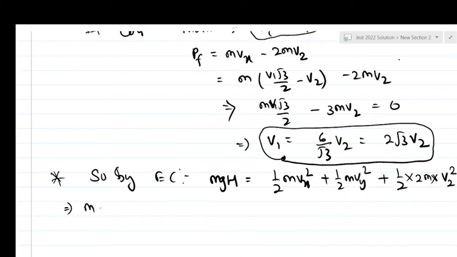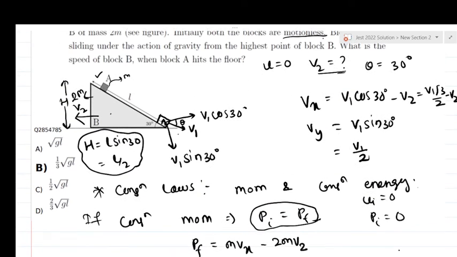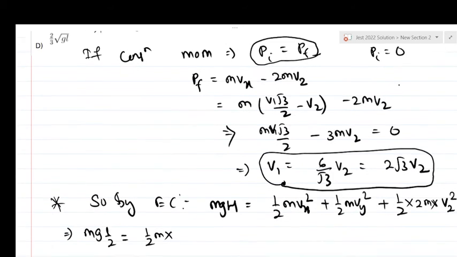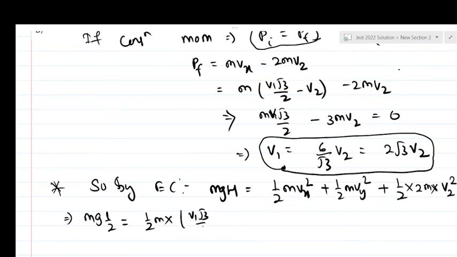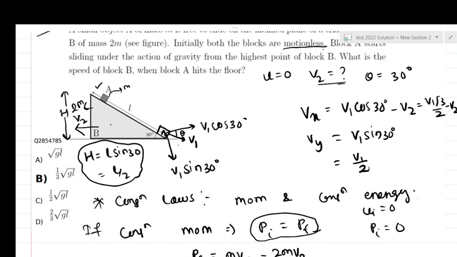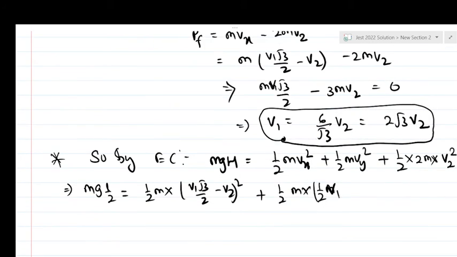Putting in all the values, half m Vx squared, where the value of Vx is v1 root 3 by 2 minus v2, squared, plus half m Vy squared, where Vy is v1 by 2, squared, plus m v2 squared. Let us simplify it.